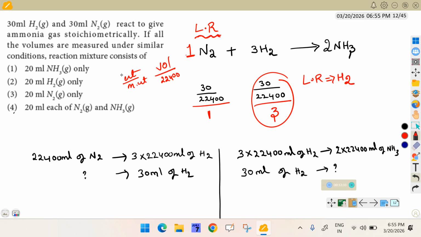Formation of ammonia depends upon the limiting reagent. According to the given equation, 3 into 22,400 ml of H2 gives 2 into 22,400 ml of NH3. Then 30 ml of H2 gives how many ml of NH3? 30 into 2 into 22,400 divided by 3 into 22,400. Cancel. 10 times 2, 20 ml of NH3.